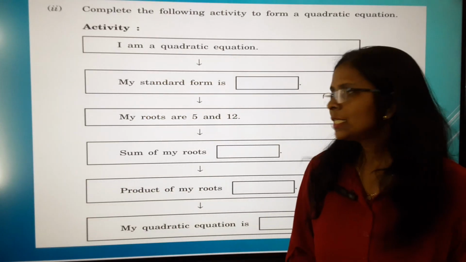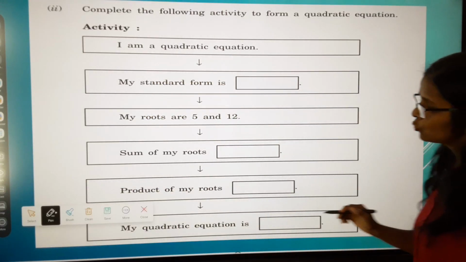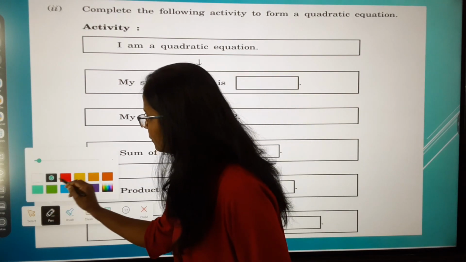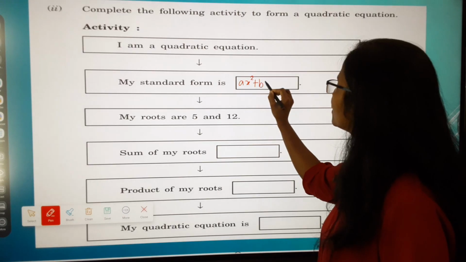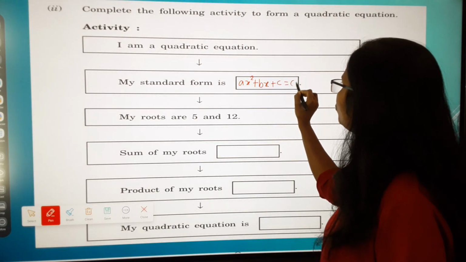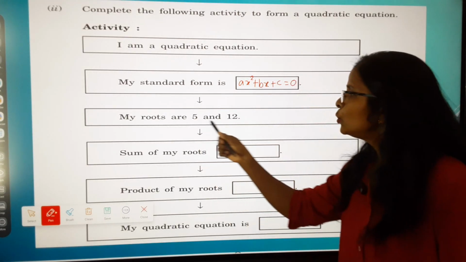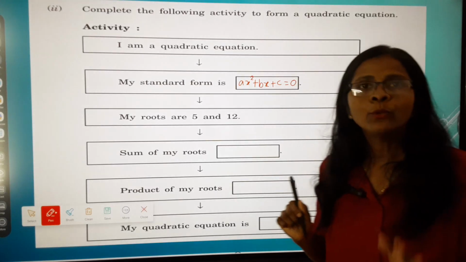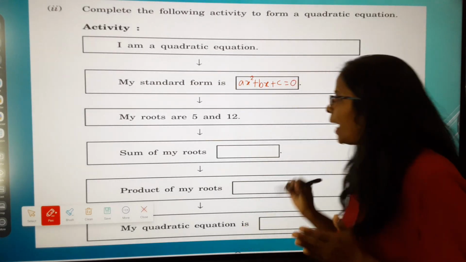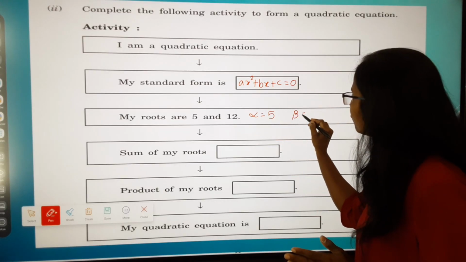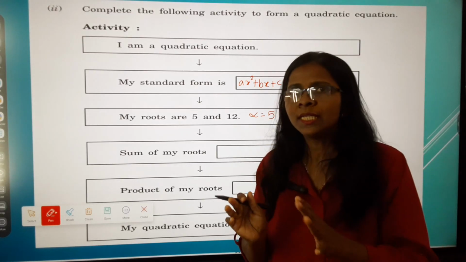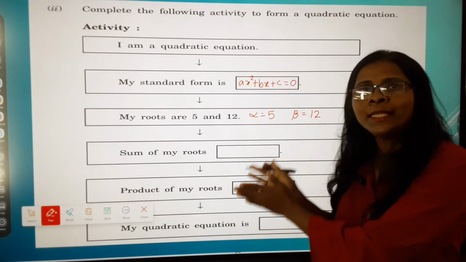So here what is the standard form of the quadratic equation students? That is ax square plus bx plus c is equal to 0. Okay, my roots are 5 and 12. That means the value of alpha is equal to 5 and the beta is equal to 12. You have to consider that alpha is equal to 5, beta is equal to 12.